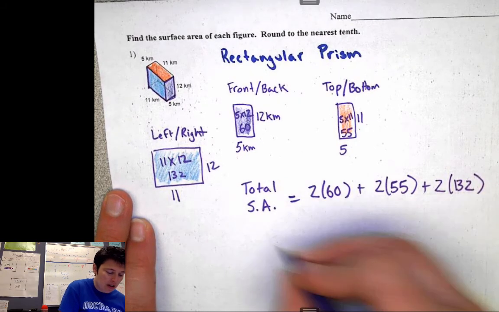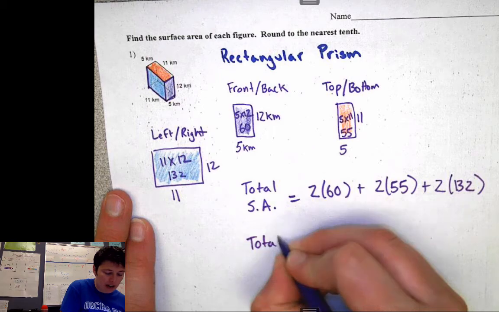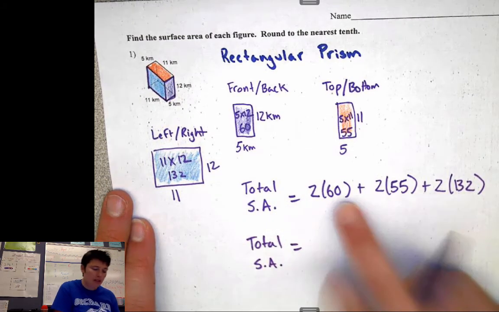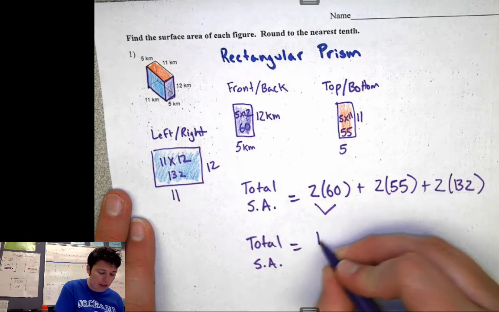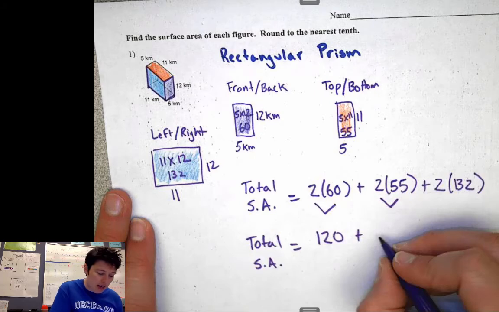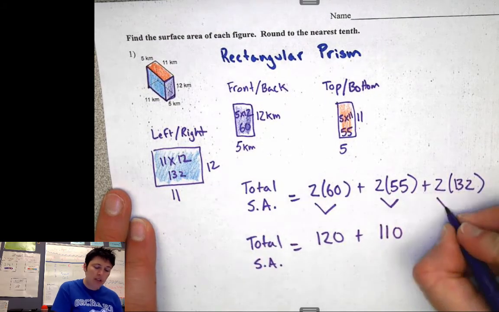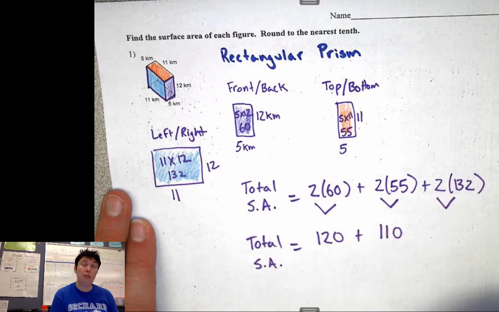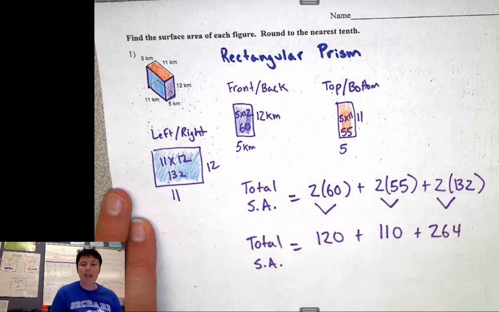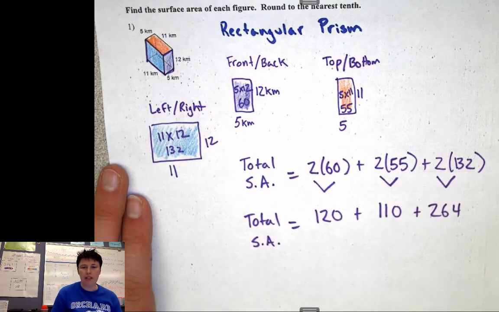132. And so my total surface area is going to equal 2 times 60, okay, I know that's 120, plus 2 times 55, which I know that's 110, plus 2 times 132, so that'd be 264. And then we have to add up those values to get our final answer.